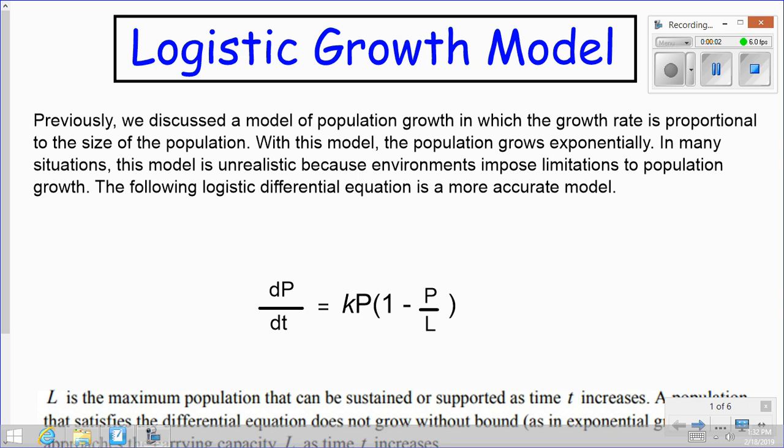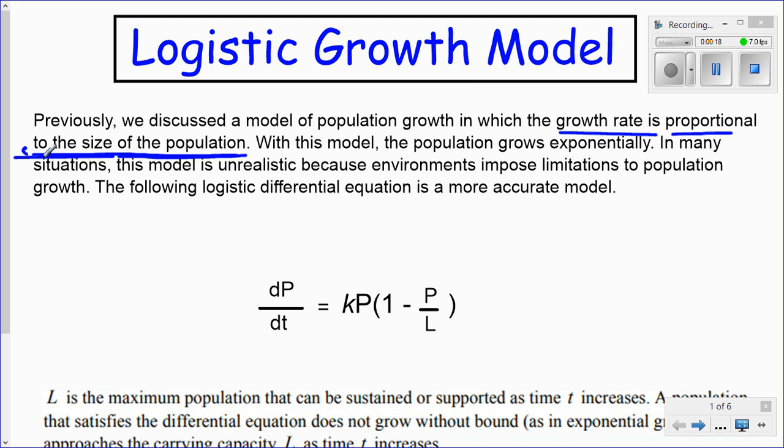Hi everyone. In this video we're going to talk about what's called the logistic growth model. Previously we discussed a model of population growth in which the growth rate is proportional to the size of the population. So you probably remember that as dy over dt equals ky.